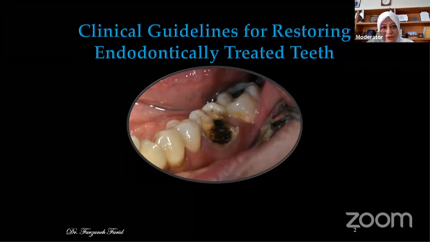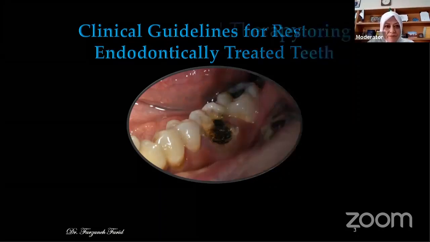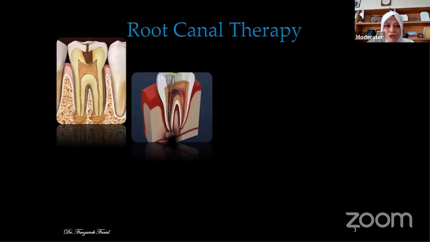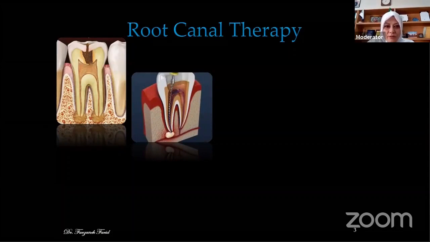Our topic is clinical guidelines for restoring endodontically treated teeth, because in your future career, you will see a lot of teeth that have root canal therapy. Teeth with infected or inflamed pulpal tissue should go for root canal therapy.